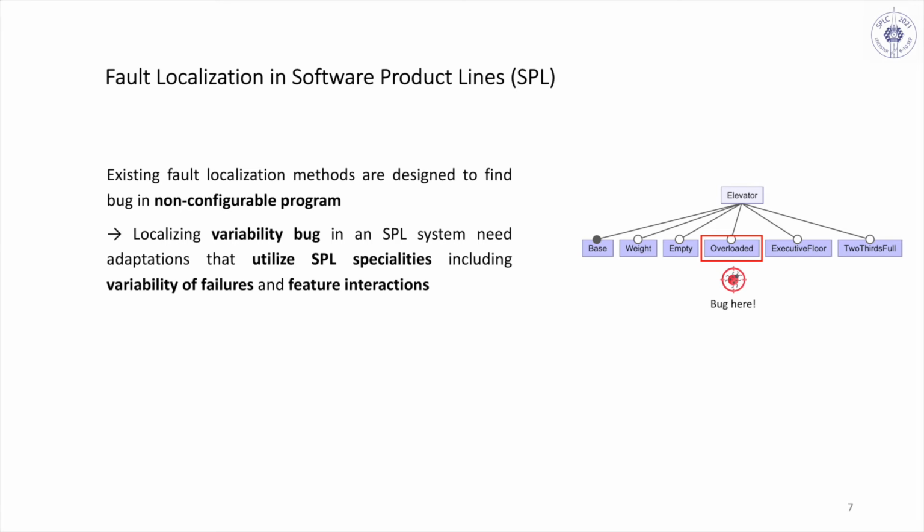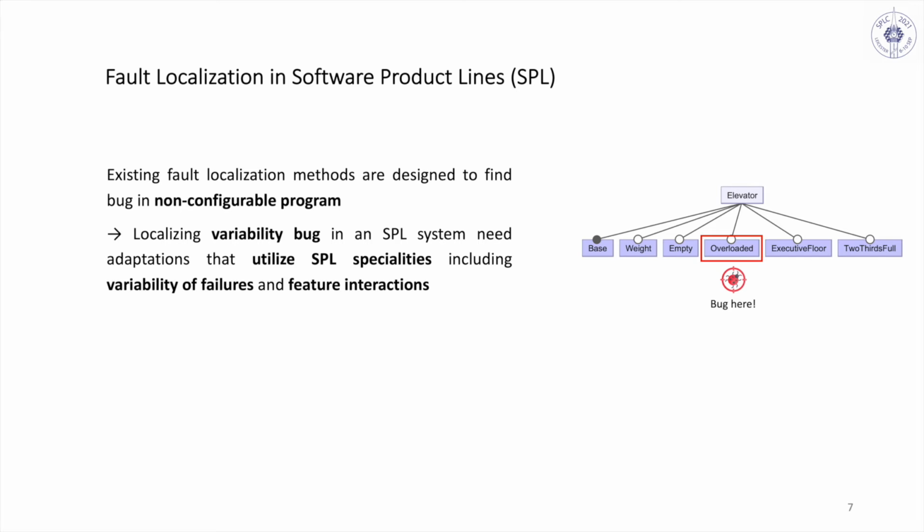About the method to pinpoint the bug in a buggy program. The existing fault localization techniques are not designed for this kind of bugs. These techniques are specialized for finding bugs in a singleton program, corresponding to a particular product in an SPL system.